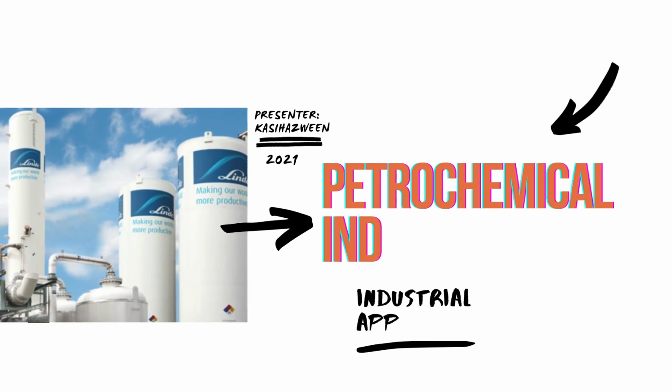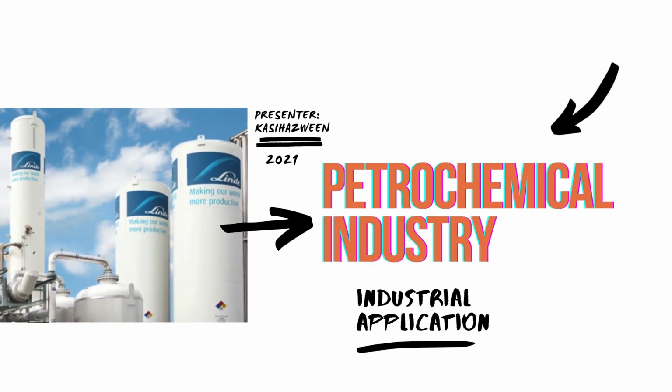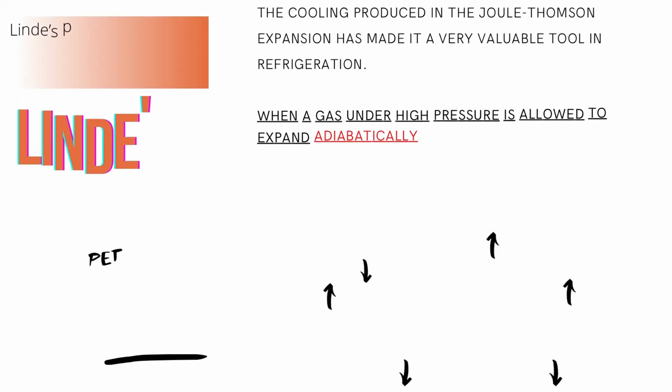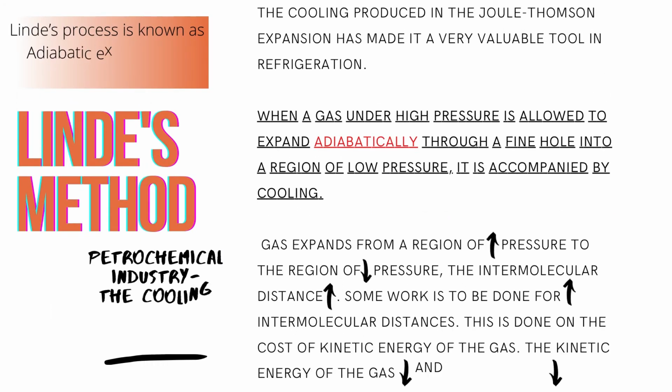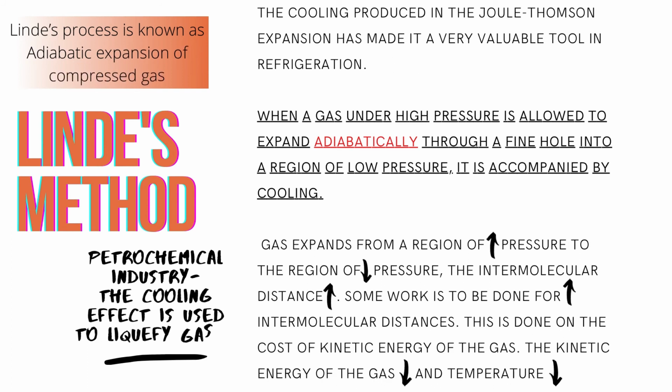For one industrial application, we choose the petrochemical industry as an example. The cooling produced in the Joule-Thomson expansion has made it a very valuable tool in refrigeration. The effect is applied in the Linde method in the petrochemical industry, where the cooling effect is used to liquefy gases.